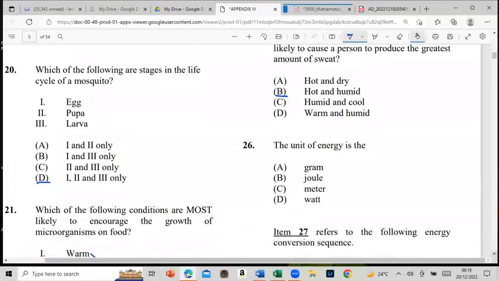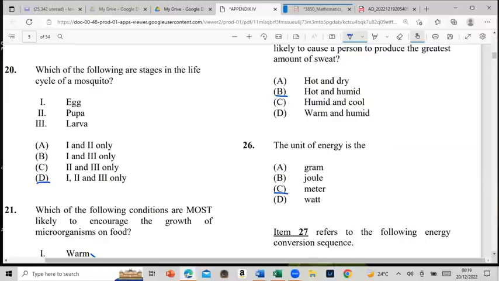Unit of energy is gram, joule, meter, or watt. Unit of energy.